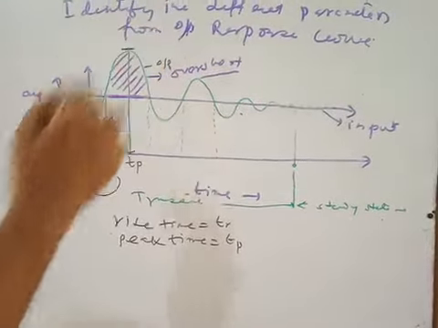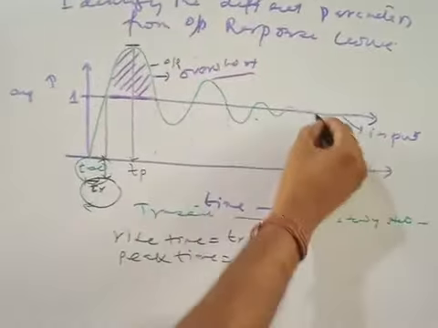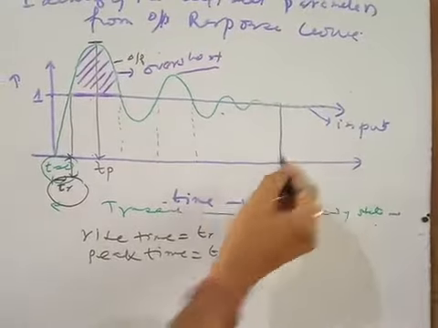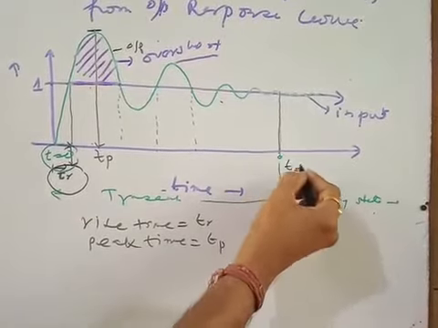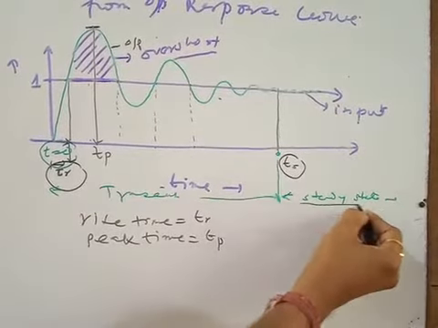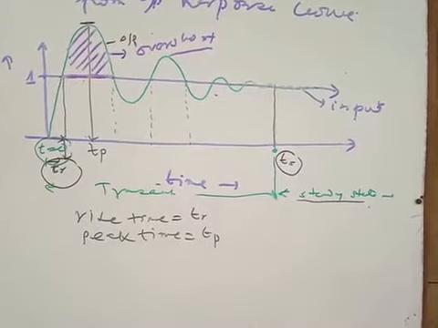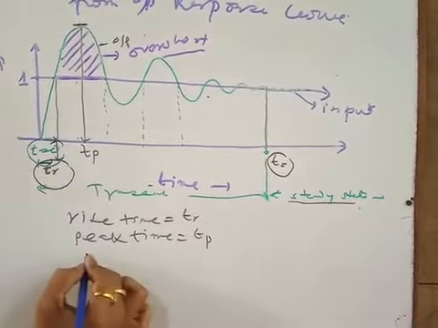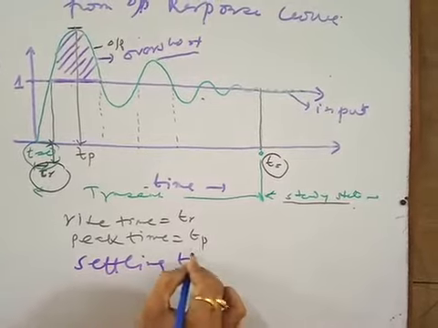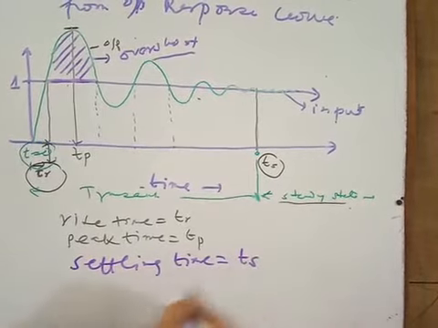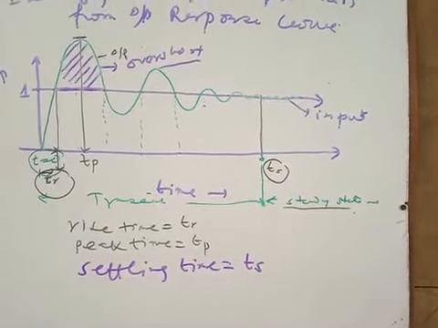Up to this we have considered the transient response. This is the time when you are entering the steady state value, known as settling time, ts.